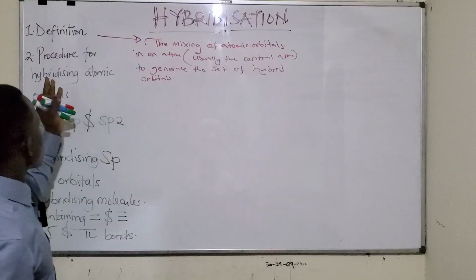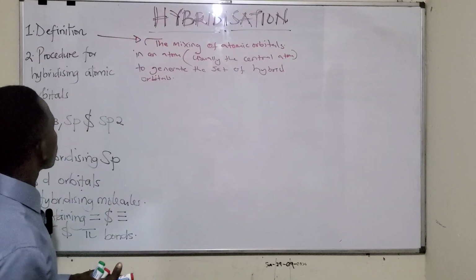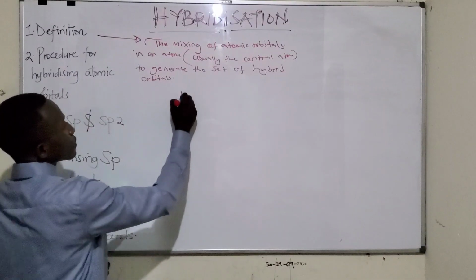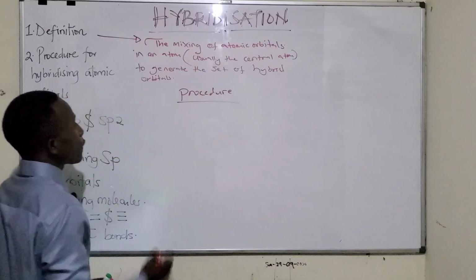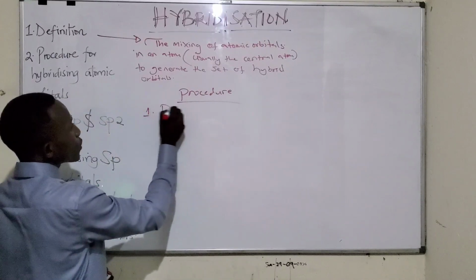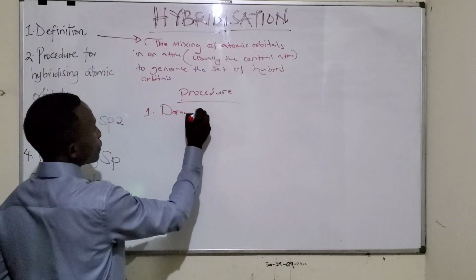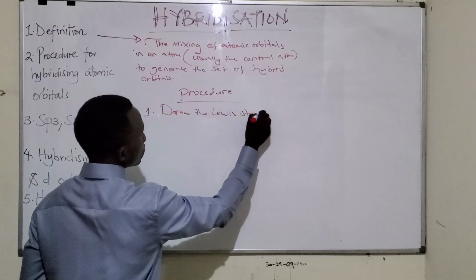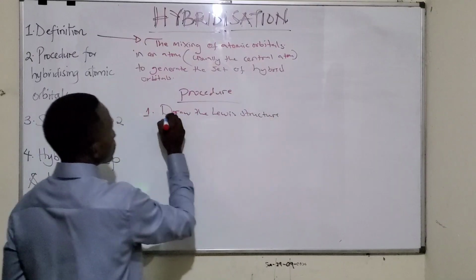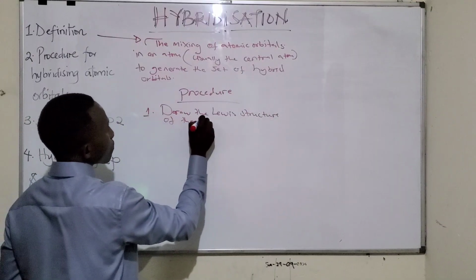So let's first see the procedure for hybridizing atomic orbitals. First, we draw the Lewis structure of the molecule.